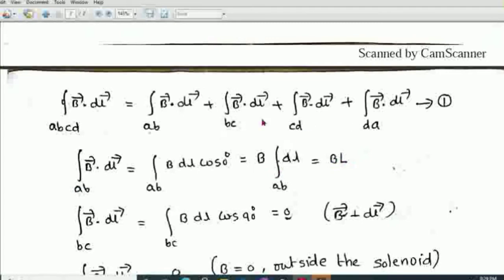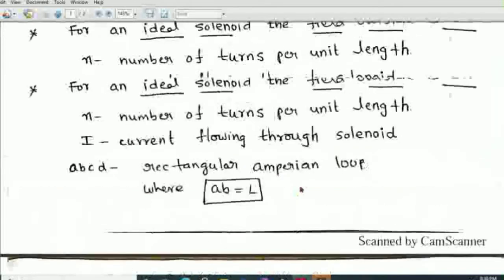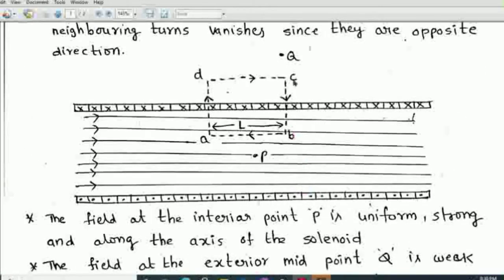Similarly, for all the parts, let us find the line integral of the magnetic field. Across BC, if you consider the line integral of the magnetic field across the BC part, similarly here also B dl cos theta. But the BC part is perpendicular to the direction of the magnetic field. This arrow marks the magnetic field, which is parallel to the axis, but the BC part is perpendicular to the magnetic field.